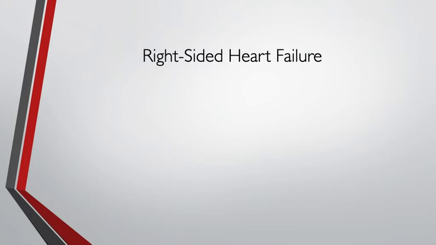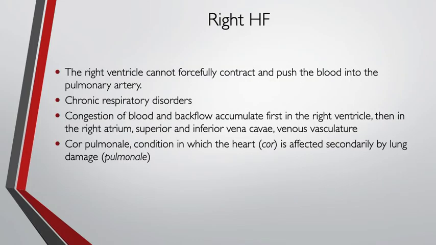So now let's move into right-sided heart failure. So right heart failure is when the right ventricle cannot forcibly contract and push the blood into the pulmonary artery. This is associated most often with chronic respiratory disorders.